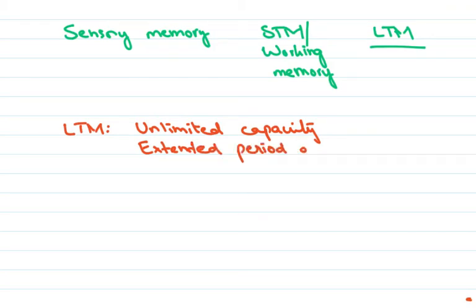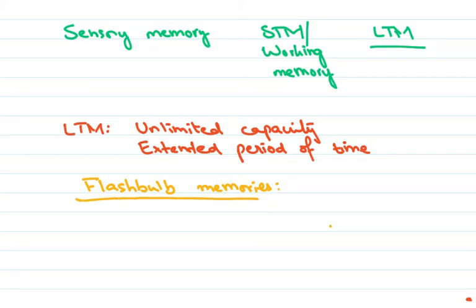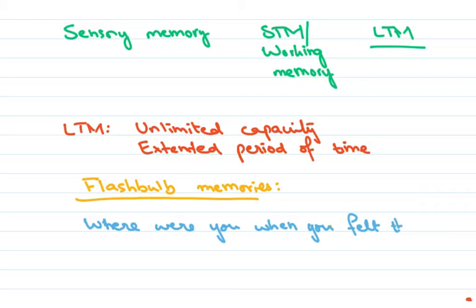Now, evidence for long-term memory comes from this idea of flashbulb memories. I'm not sure if you guys have heard about this idea before. So, for example, if I ask you this question: where were you or what were you doing when you felt the 2008 earthquake?